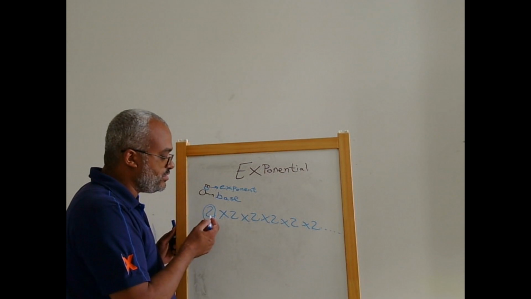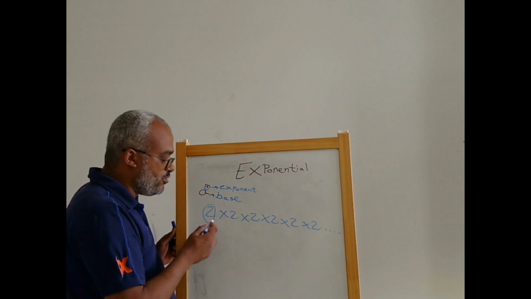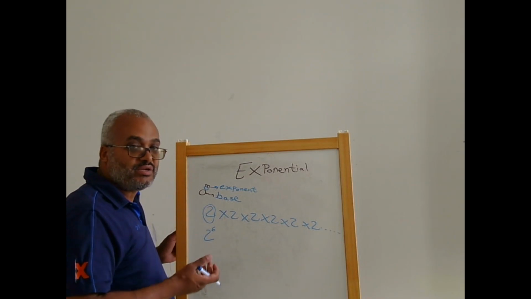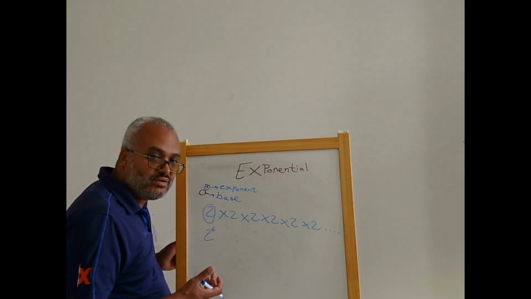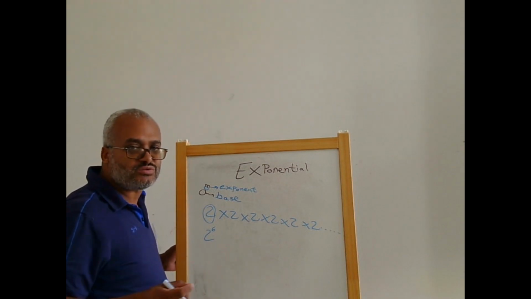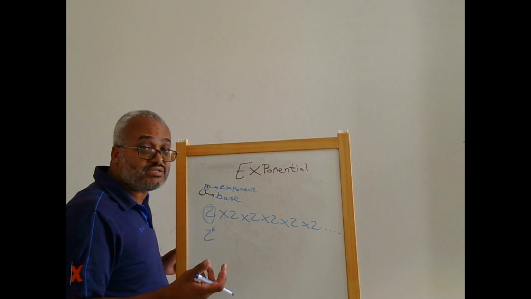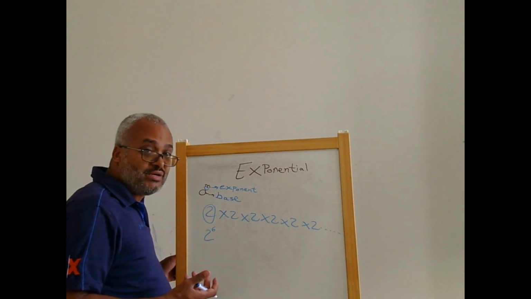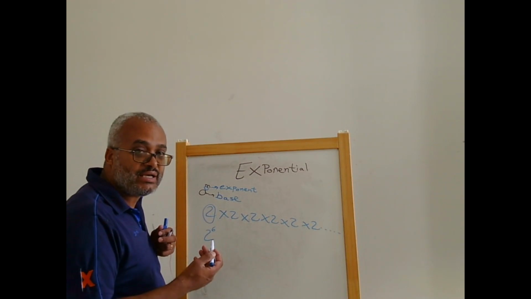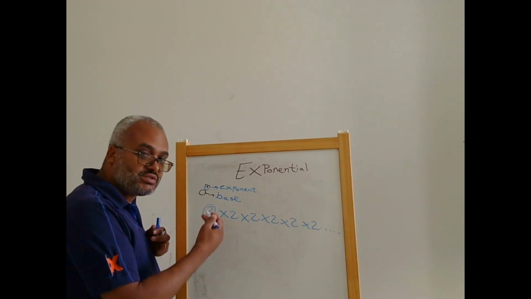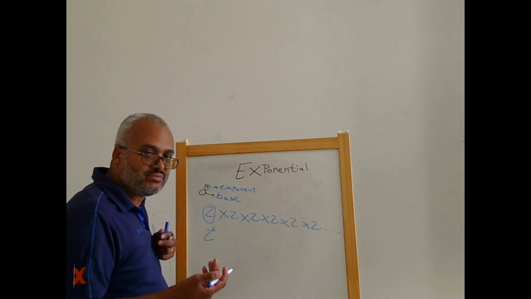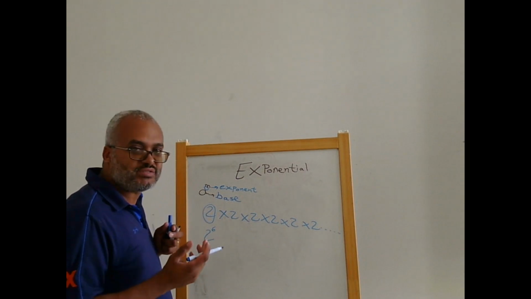So instead of 2 times 2 times 2 times 2, we just do 2 to the power of 6, which makes things simpler, easier. Is it easier to tell someone 2 times 2 times 2 times 2 and so on, or to tell them 2 to the power of 6? Okay, it will be easier. Makes more sense. Remember, math is not just books, it's not just doing examples, it's about the real world that we're living in, which is big numbers.